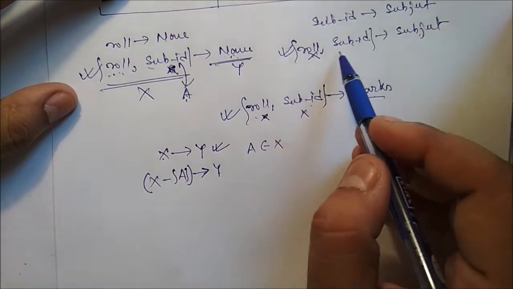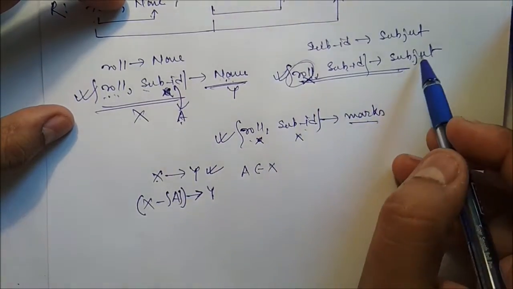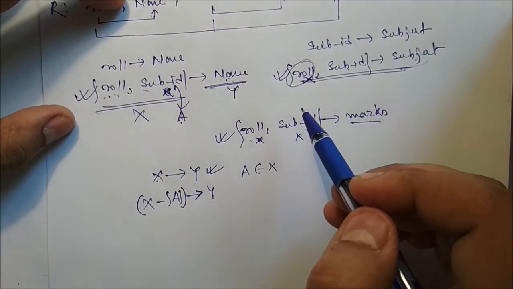It is similar here. If you remove the roll number, we can still identify the subject name from the subject ID.